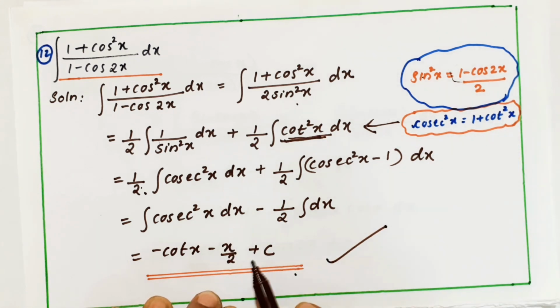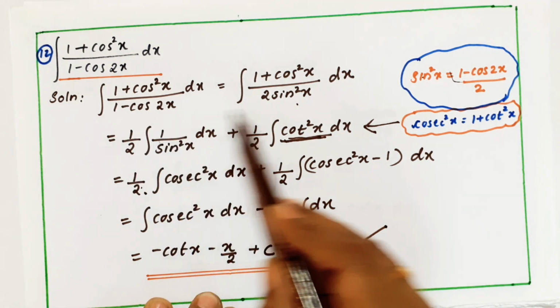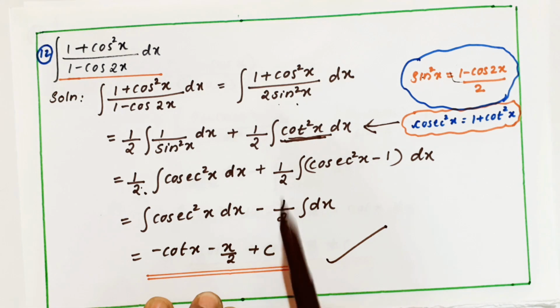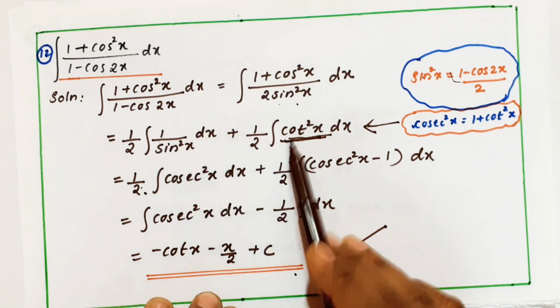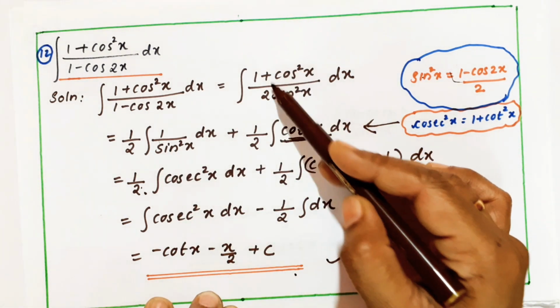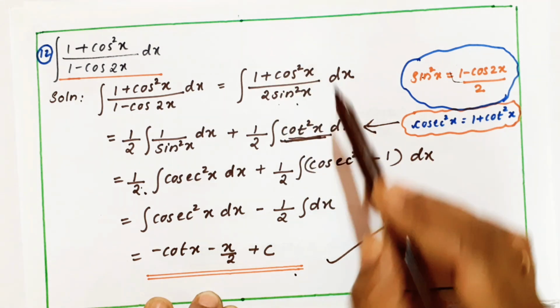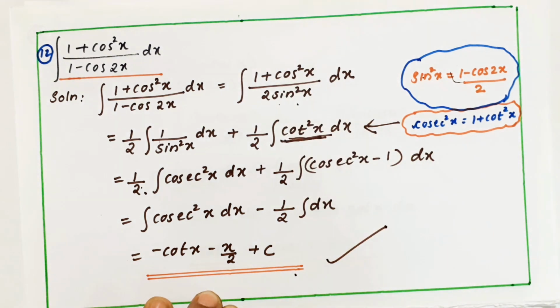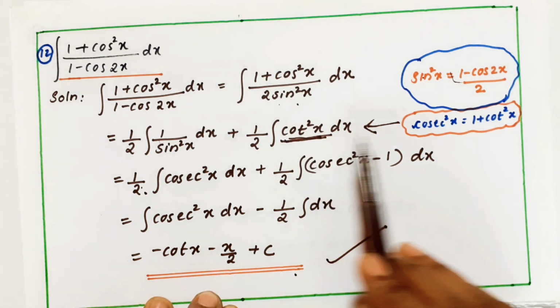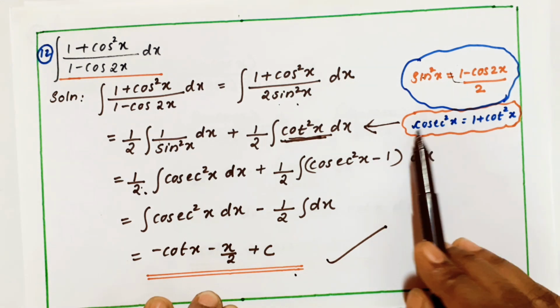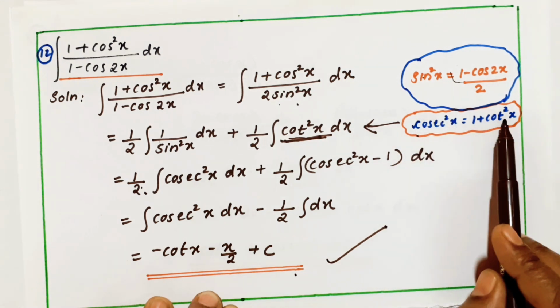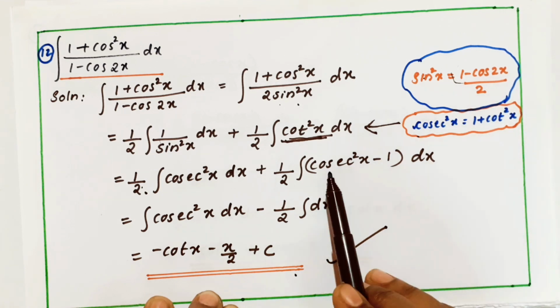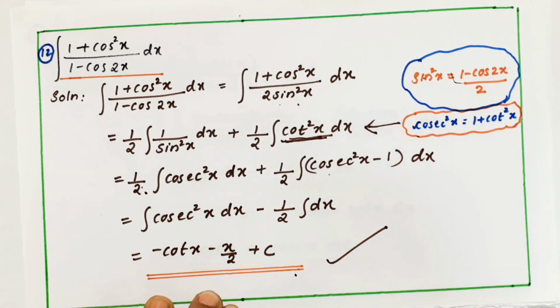Clear? What we did? First we changed 1 minus cos 2x as 2 sine square x. After that I split the term. When I split the term, cos square x by sine square x we are writing as cot square x. After that, for cot square x I am using the trigonometric identity cosec square x equal 1 plus cot square x. So cot square x I can write as cosec square x minus 1.